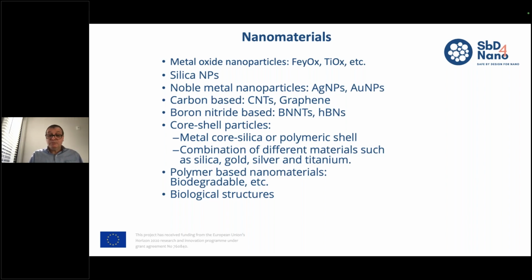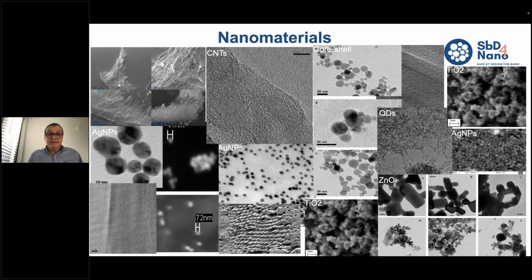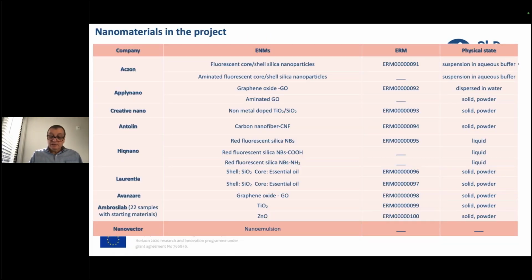There's a huge number of particles out there. For example, this slide shows some TEM and SEM images from our studies, and as you see, they are available for a variety of applications because they show unique properties in new, maybe novel products that might be useful for us.